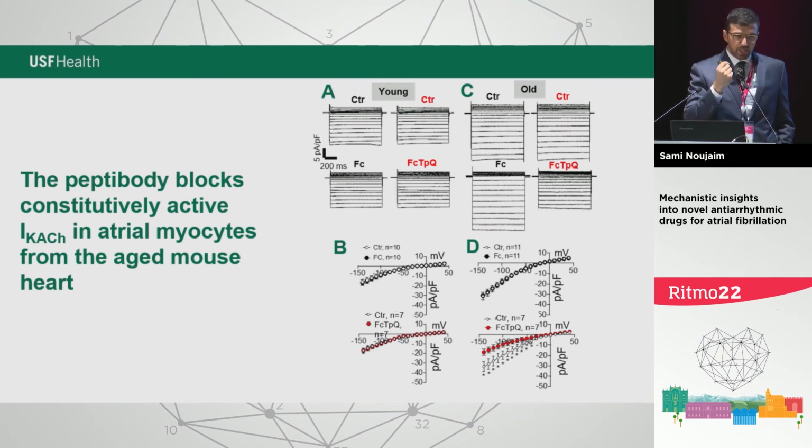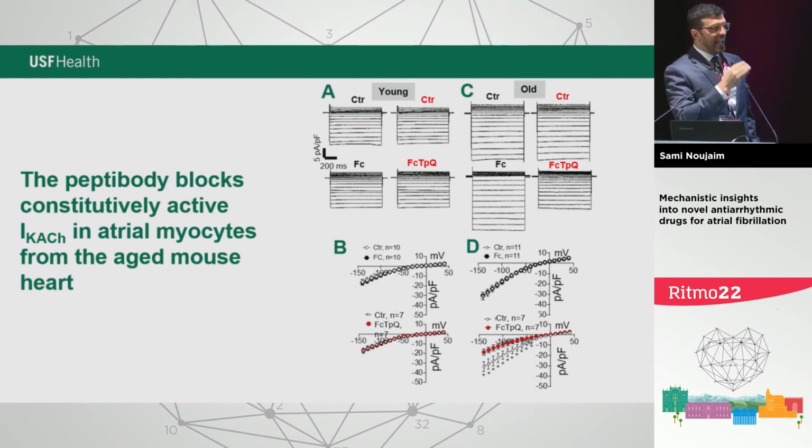And that's when we started thinking that, hey, wait a minute, aging is an important mediator of atrial fibrillation, and in fact, AF is kind of a disease of the aging heart. So could it be that in the aged cardiac atrium, there is a constitutively active IKACH?